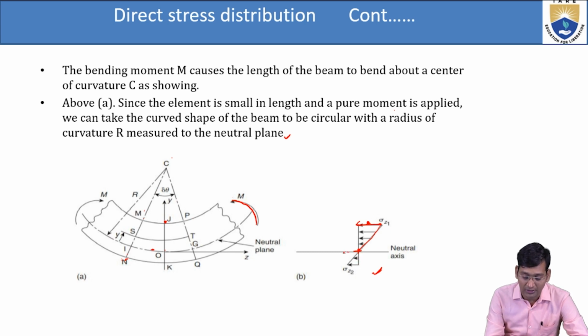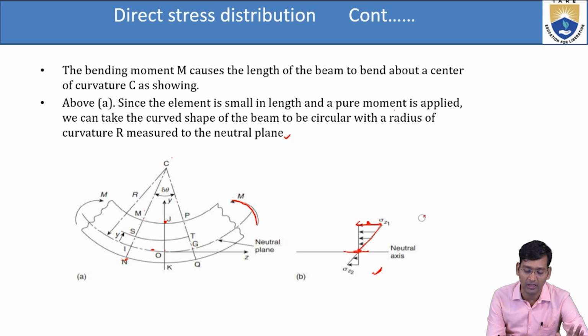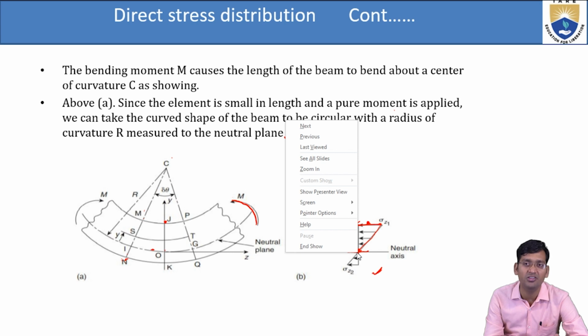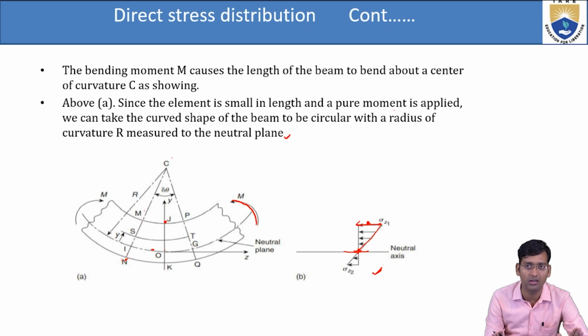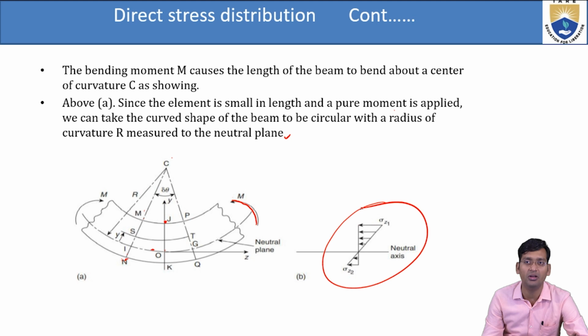Once again, as we move towards the neutral axis, compression and tension will be less, and as we move away from the neutral axis, elongation will be most. This is the distribution of direct stress.